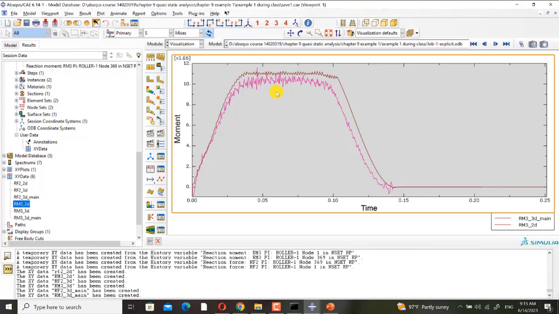Also, the stress fields will be similar. Here this example ends, and now I want to go to the next concept.